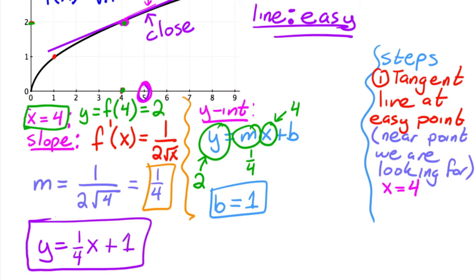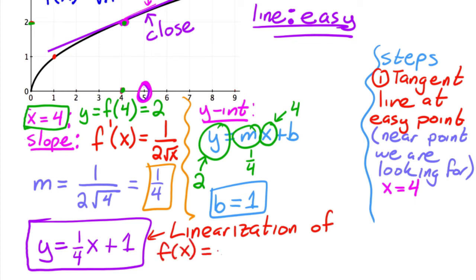Another name for this is the linearization of f of x equals square root of x at x equals 4. That's a fancy name for saying the equation of the tangent line at 4.